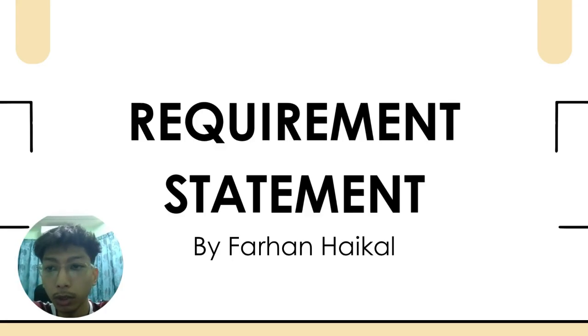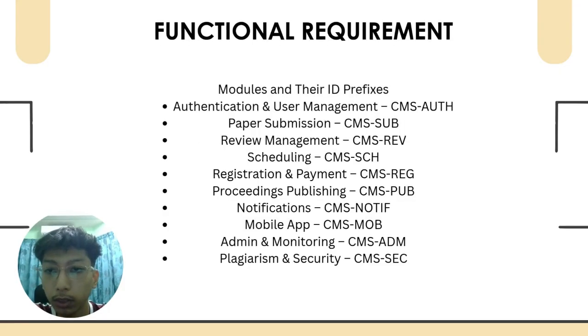Okay, so today I will be presenting about the requirement statement for our conference management system. The system is designed to support academic and professional conference management in an efficient and user-friendly way. So this is our functional requirement.